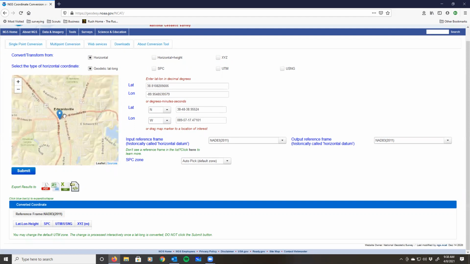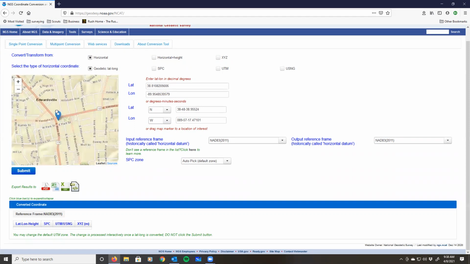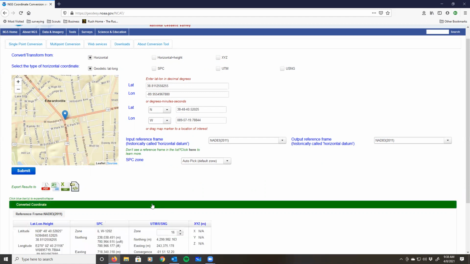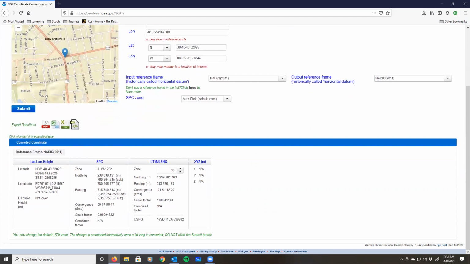And we'll just do it right at the intersection of Vandalia and North Main Street. So you put it on there. If you hit submit, it has latitude, longitude of where the point is.